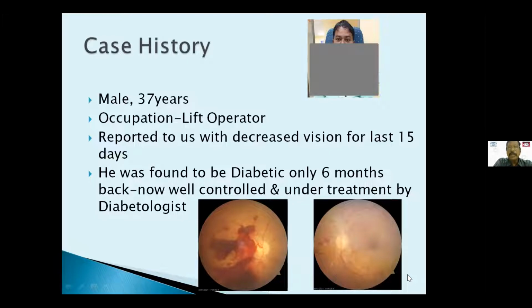He was found to be diabetic only 6 months back, with a high blood sugar of 350 something. And when he came to me 15 days back, with an almost normal anterior segment, there was gross reduction of visual acuity, with a fundus picture showing proliferative diabetic retinopathy, I would say high-risk PDR.